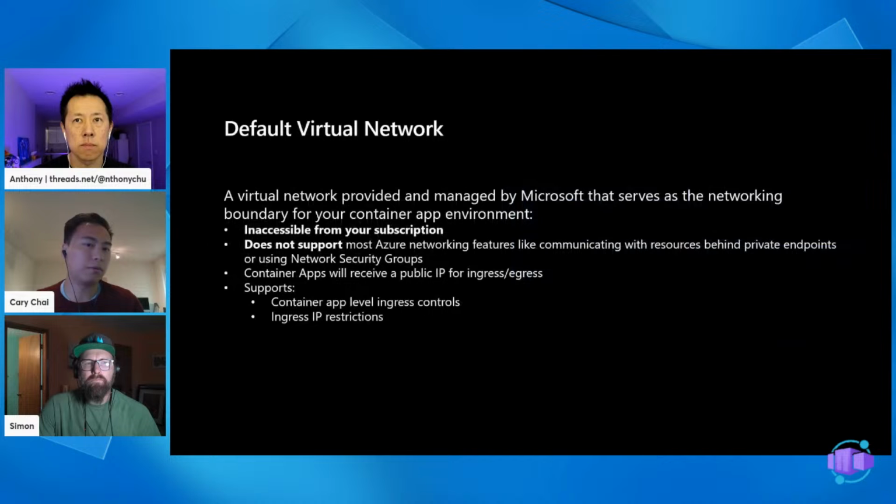But it doesn't support the vast majority of Azure networking features. So if you want to talk to another resource that's behind a private endpoint, or if you want to use NSGs, network security groups, you're going to want to bring your own custom virtual network. Really, if you're looking for any networking features outside of the container app scope, you're going to want to use your own virtual network.